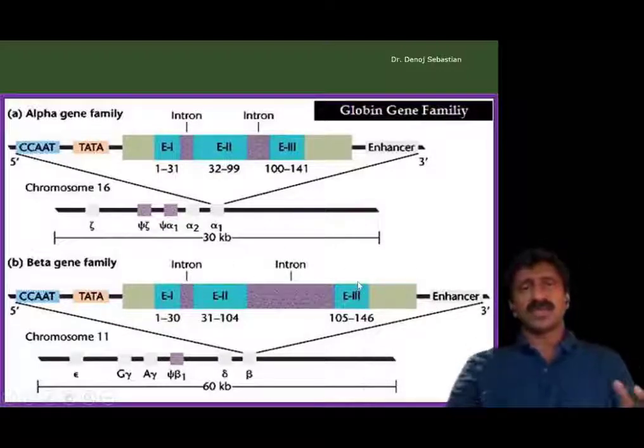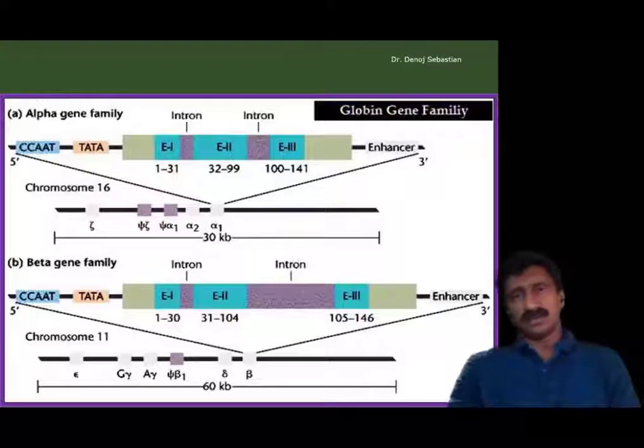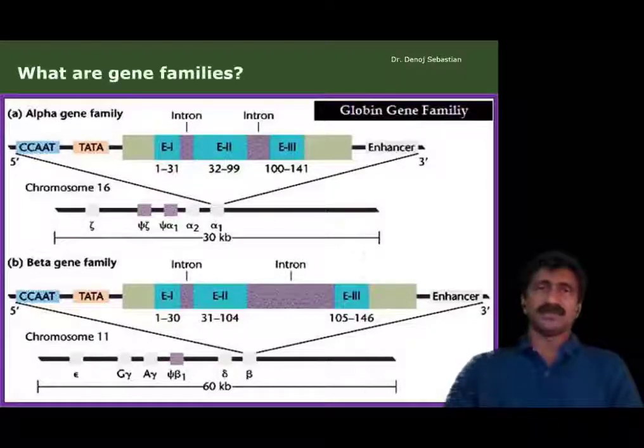This is having a common structure, but from the mutations accumulated during the evolutionary time period, they have different functions and even different structure, but still they are classified in the same gene family.